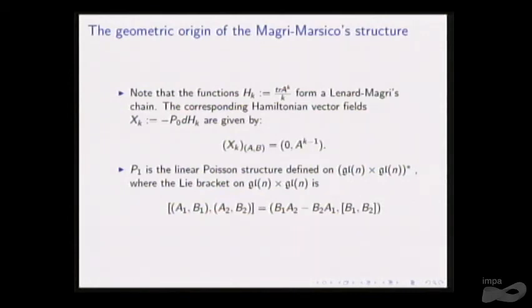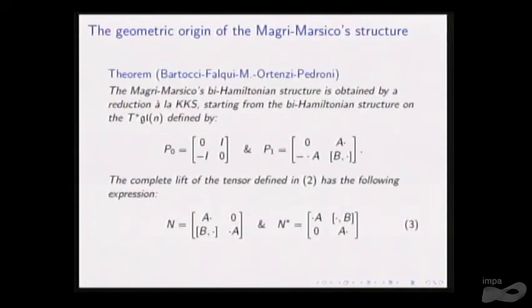Okay, there is this comment here, maybe it's important, that these functions, trace of A^k divided by k, are a linear chain, and in particular the Hamiltonian vector fields X_k at the point (A, B) have this form, 0, A^(k-1). And the other comment, maybe more interesting, is: what is P1?